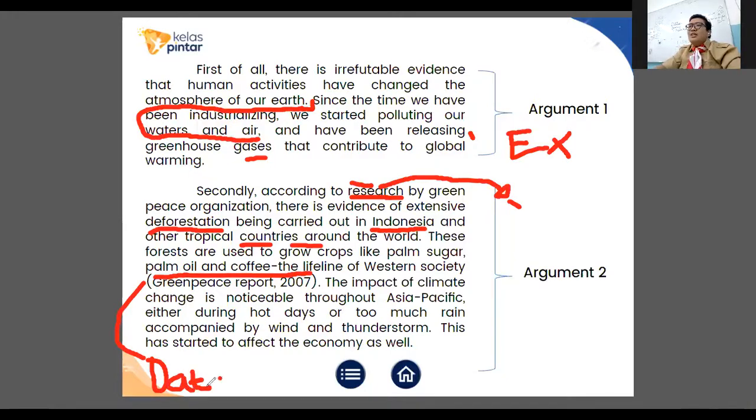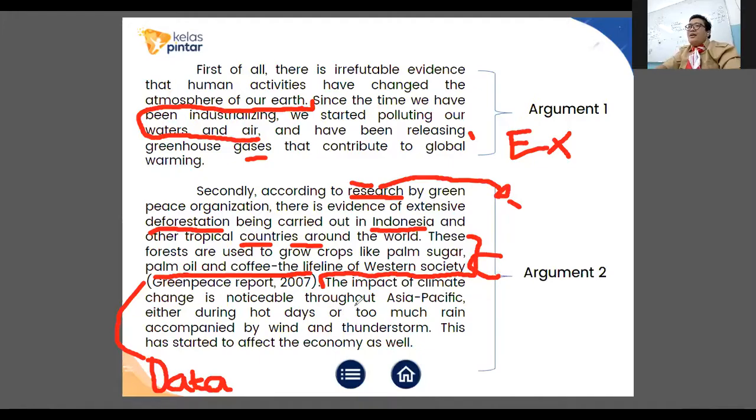Ini sudah dibuktikan loh di penelitian tahun 2007. Ya, it is proven by the research in 2007. And this is the comparison. Ini adalah perbandingannya. Bahwa dulu, sebelum ada penggundulan hutan, pohon-pohon ini menumbuhkan palm sugar, palm oil, and coffee, and etc. This is the comparison, perbandingan.